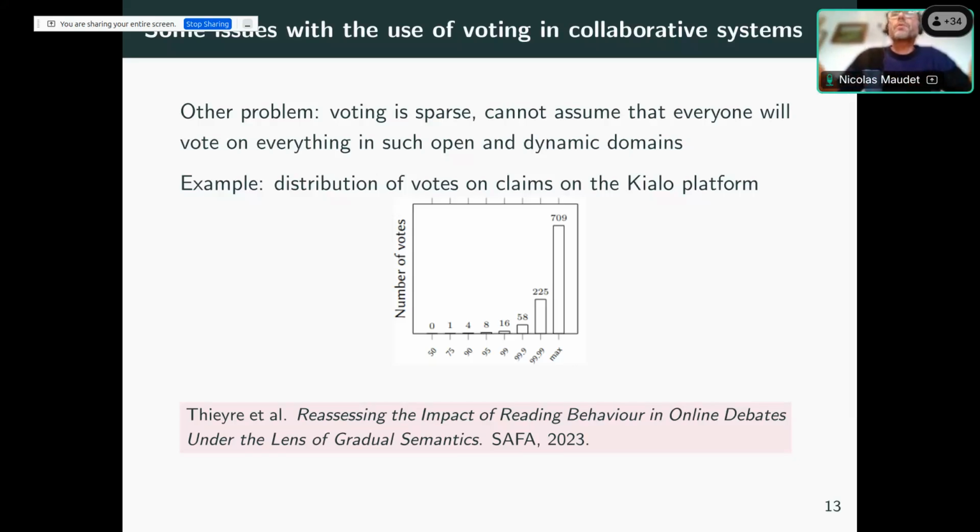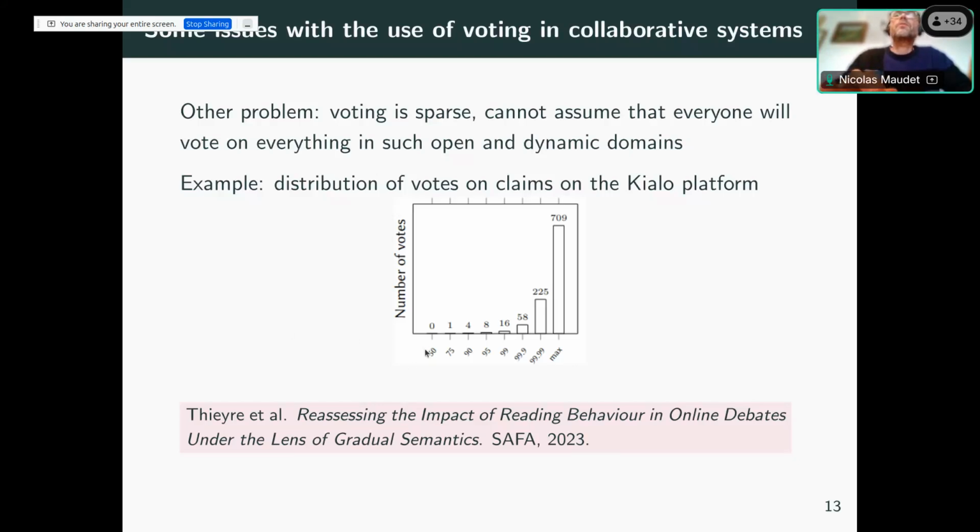Just as an example, on the platform which we look at with some PhD students and colleagues, a deliberation and argumentation platform called Chialo, it's well structured, so you build argumentation graphs together in a collaborative way, and you see the distribution of the votes.